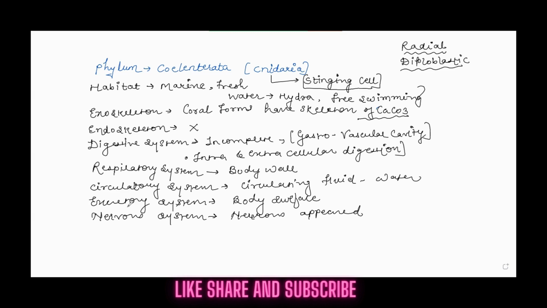So it consists of non-polar neurons. Next is their asexual reproduction. So here in asexual reproduction, budding is present, which is very common in Hydra. So Hydra can develop by budding, right?